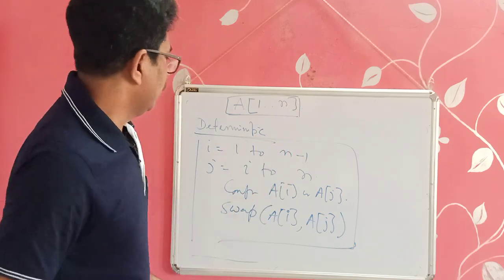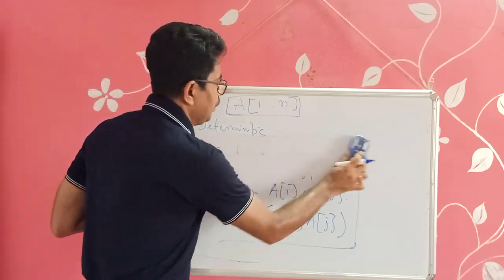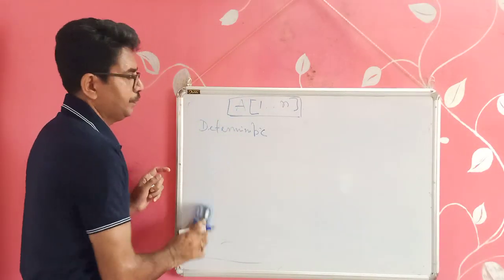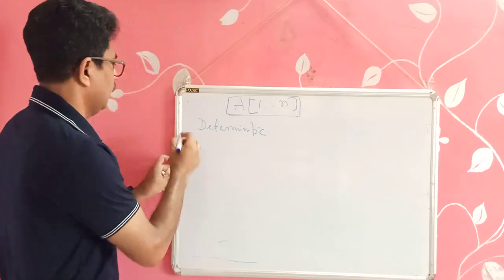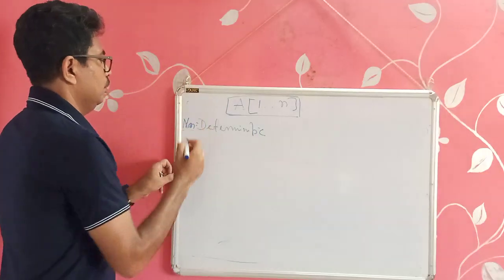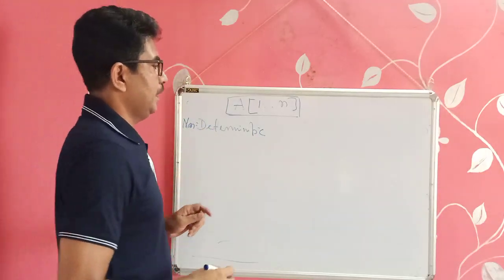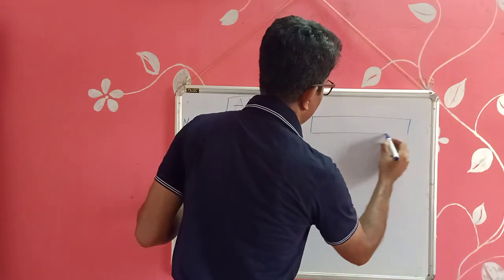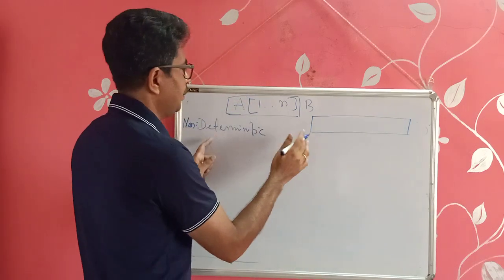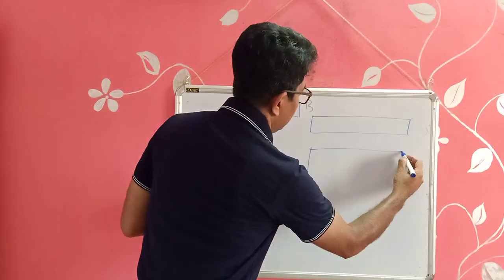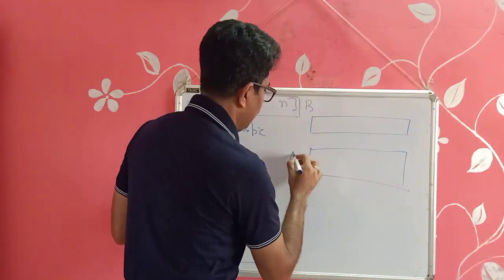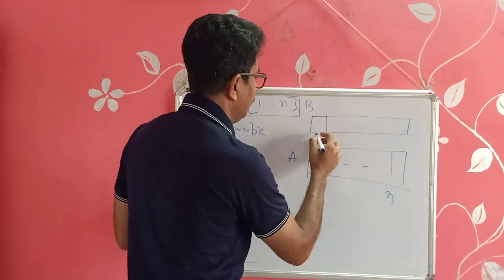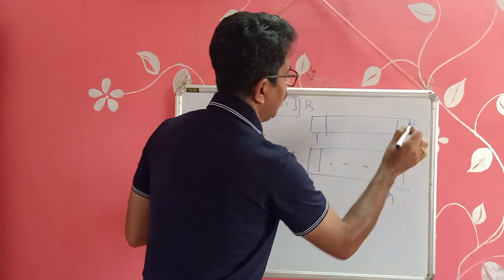Now let us go for a non-deterministic approach for the same. The non-deterministic approach says that we have an array B of the same size as A. Let this be the given array A, 1 to n, and this be the output array B, 1 to n.